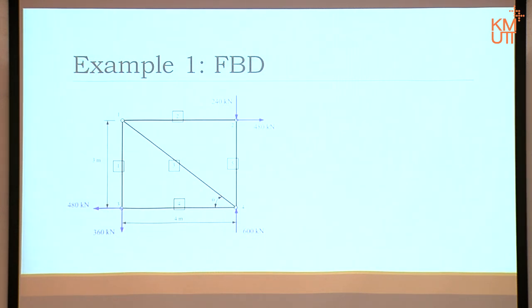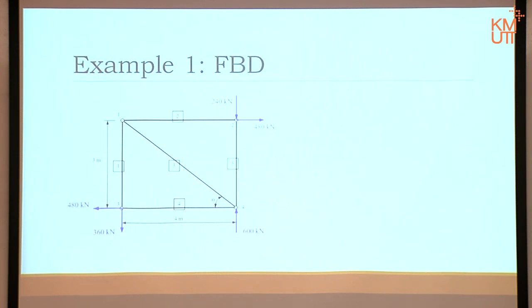Correct? Now, if I, for example, draw the free body diagram of joint 3, of course there will be these 2 forces acting on it, right? And then I will have these 2 internal forces. Correct? Notice that the joint is just a dot. In fact, the size doesn't get involved.